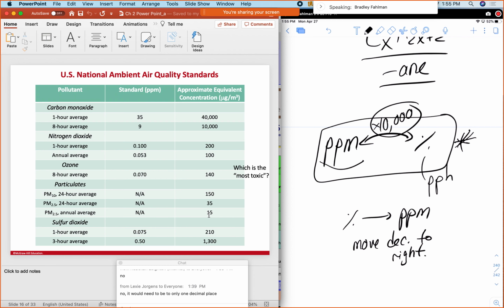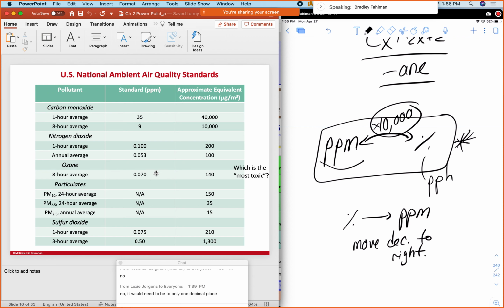A question like this really fits in well with your QR designation for this class, 265 QR, quantitative reasoning. I might throw in a question giving some data like this and then asking which is more toxic, maybe just between these two: nitrogen dioxide versus ozone.